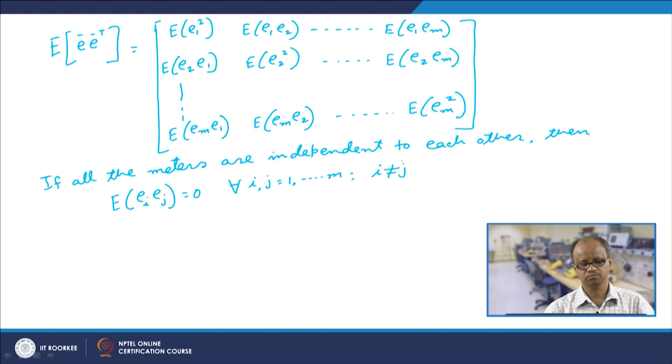So, in plain English, what does it mean? That all these off diagonals would be 0. E1 E2 would be 0, E2 E1 would be 0. So, all off diagonals would be 0.